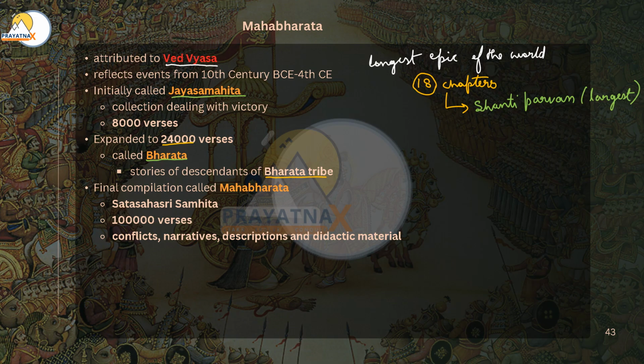It was also known as Veda. So now in this final version, it had information about the conflicts, narratives, and description, and the didactic material. Now, didactic material are those which basically give us a moral lesson.